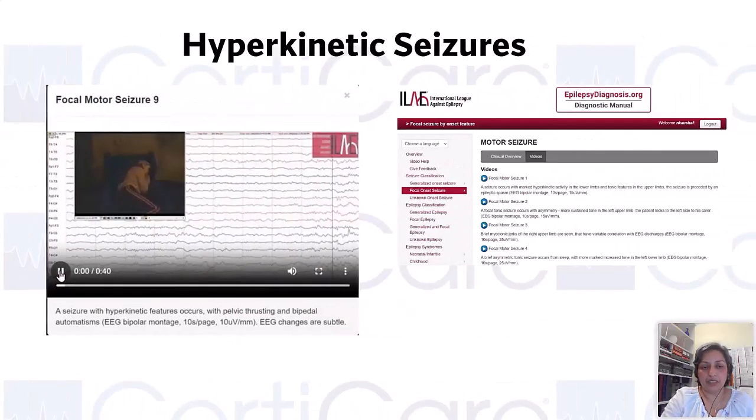This one here, this seizure is happening during sleep, hyperkinetic movement. The patient has pelvic thrusting, bipedal automatism, and there is an arousal after that. Let's look at this video.